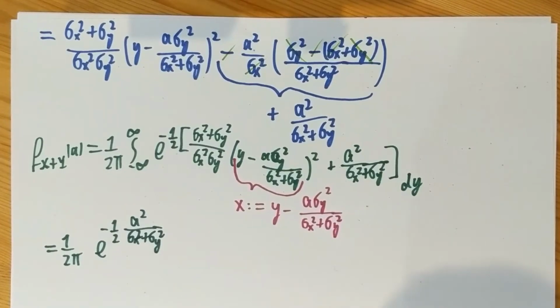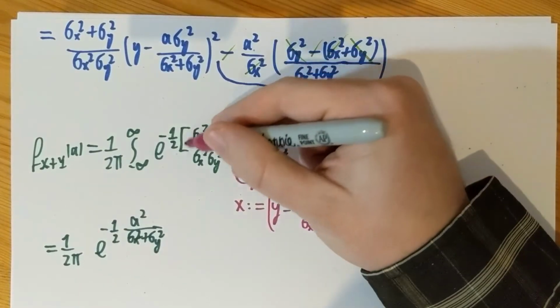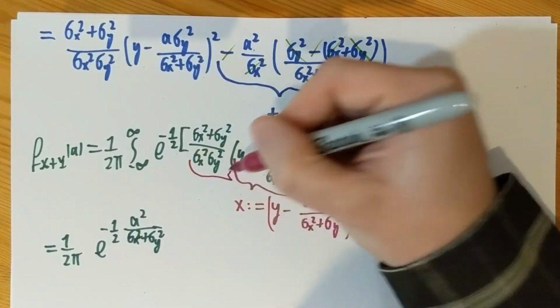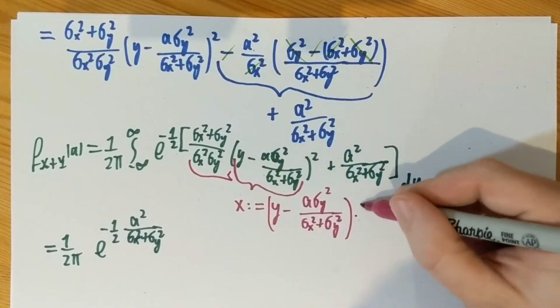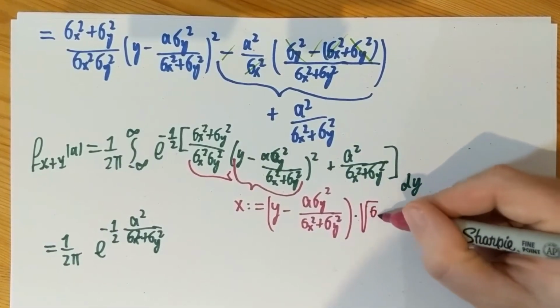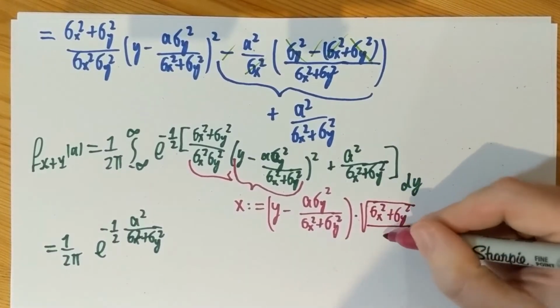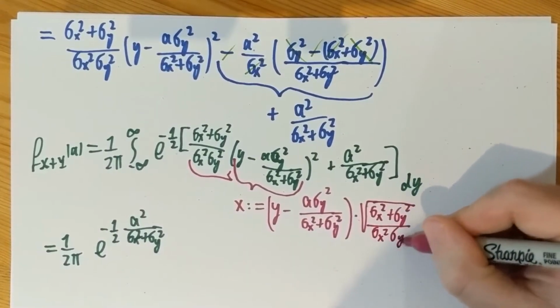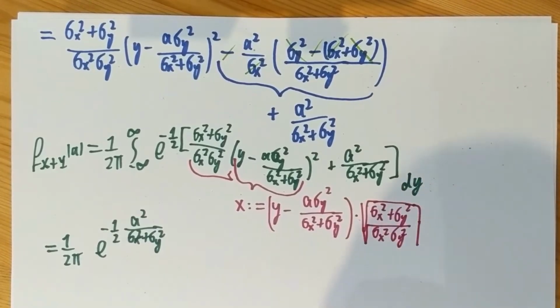And then, well, I notice that I also want to include the square root of all this in my x. Let's do it that way. So I also want to include the square root of sigma x square plus sigma y square over sigma x square sigma y square, the square root of all of that, into my x. Let's do it, it's going to be nicer that way.